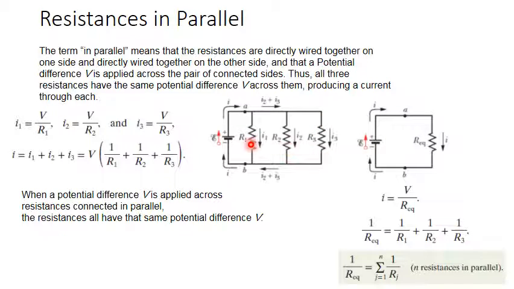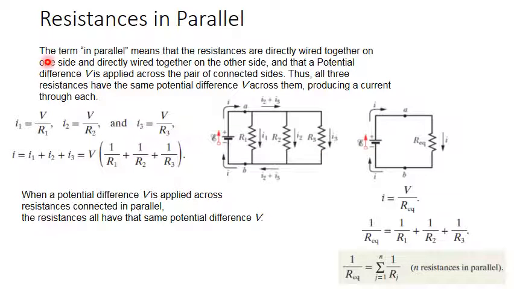We can see that in a parallel combination, terminal 1 of resistance 1 is connected to terminal 1 of resistance 2, which is connected to terminal 1 of resistance 3. And at the same time, terminal 2 of resistance 1 is connected to terminal 2 of resistance 2, connected to terminal 2 of resistance 3.